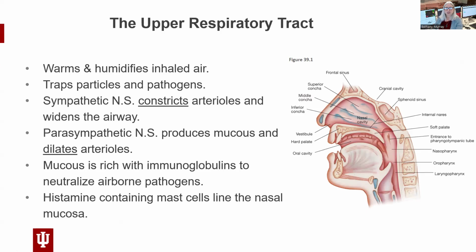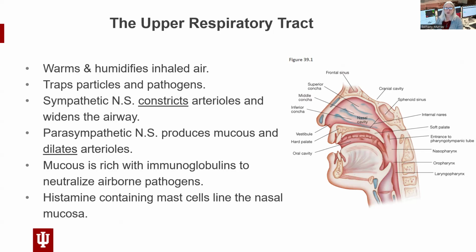Our sympathetic nervous system has a role to constrict arterioles or blood vessels, but also to widen the airways and the bronchioles and relax the smooth muscle of the bronchioles and airway system. Our parasympathetic nervous system produces mucus, dilates arterioles, and actually has little to no effect on bronchioles or airway status.